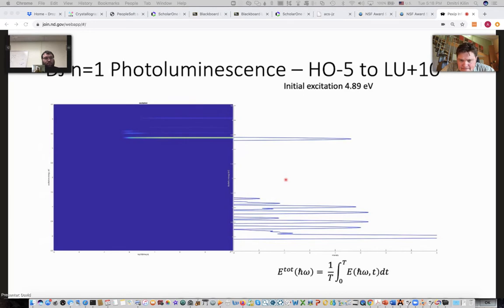Based on what I've seen, it's pretty much the same. Slight variations in intensity, but not very large, big variations.